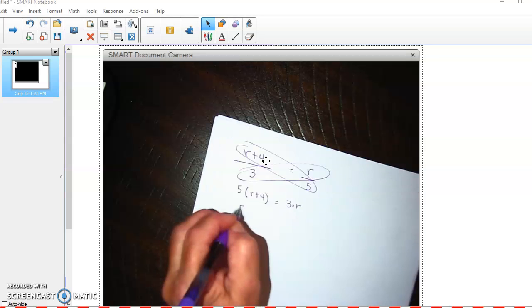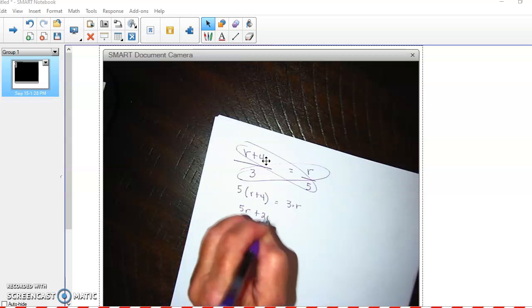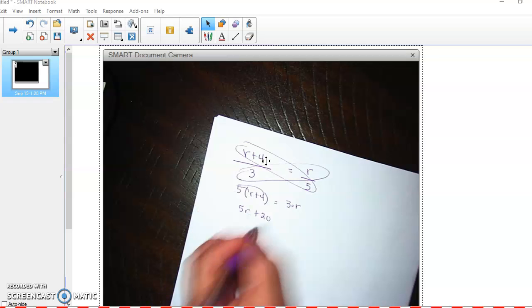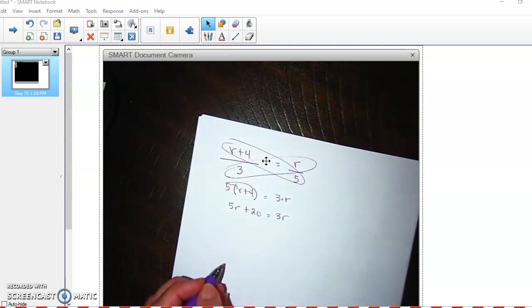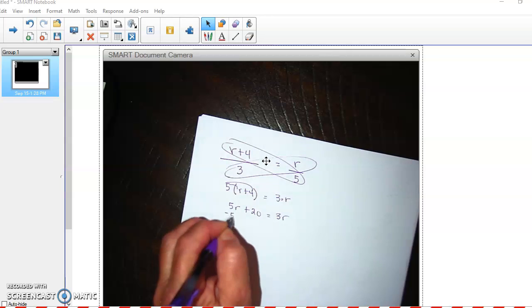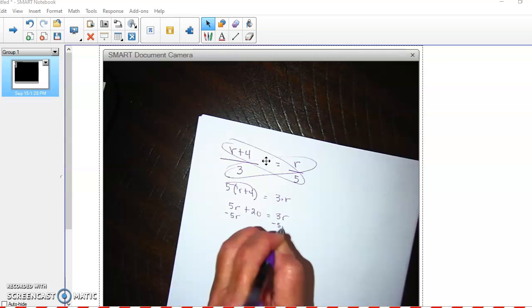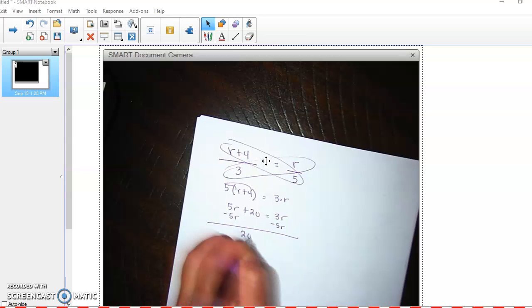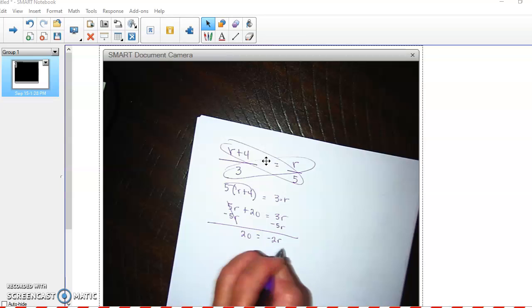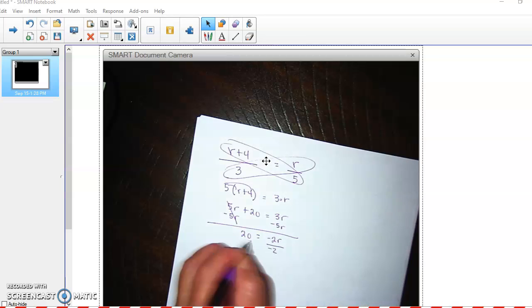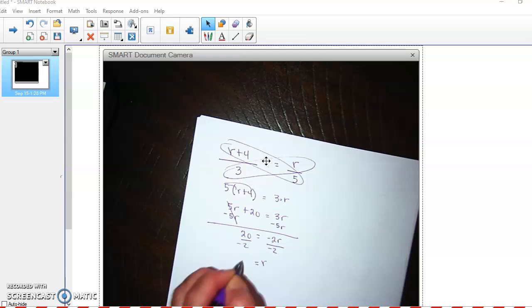So that's 5r plus 20 equals 3r. Remember, we just got finished solving equations with variables on both sides. So we want to get our variables together, and I get 20, that cancels, and that's negative 2. So now I'm going to divide by negative 2 on both sides, and r equals negative 10.